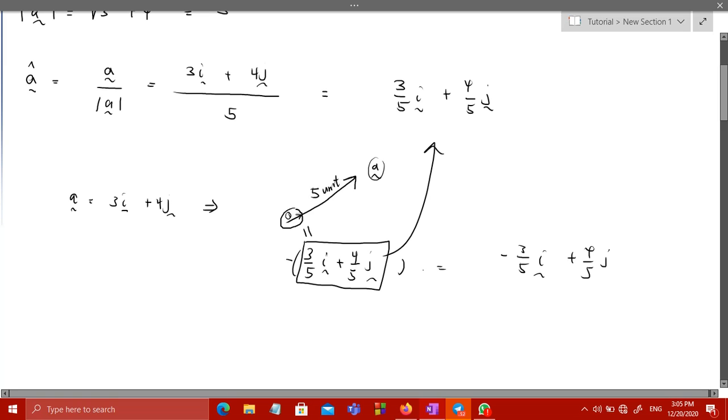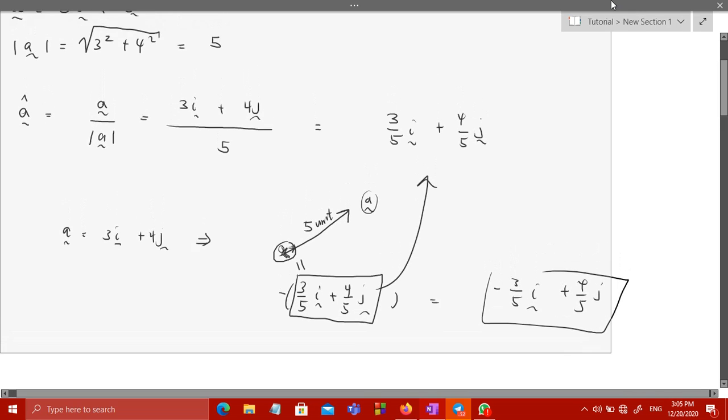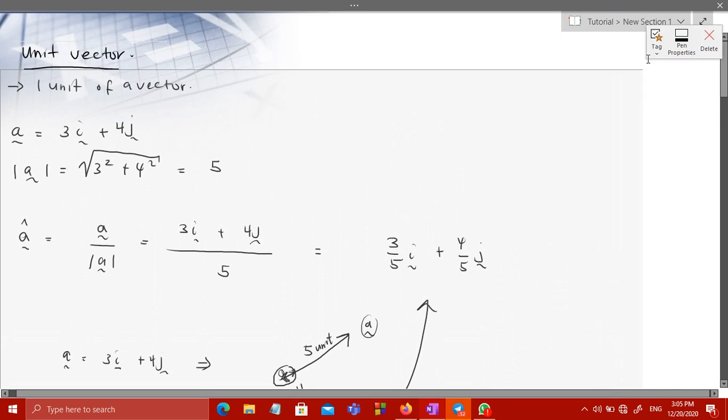So this looks like the unit vector is pointing like that. This is the new one, the second one. This is the first one, which we discussed previously. So in vectors, the sign is important and the direction matters.